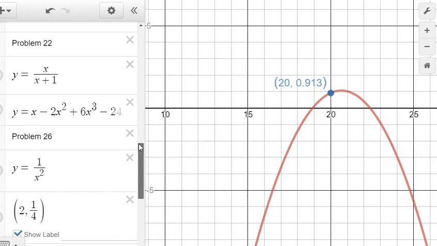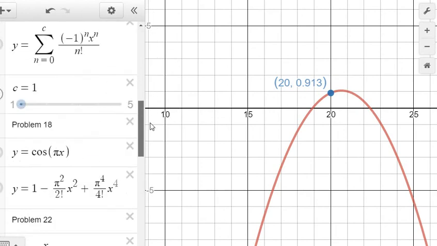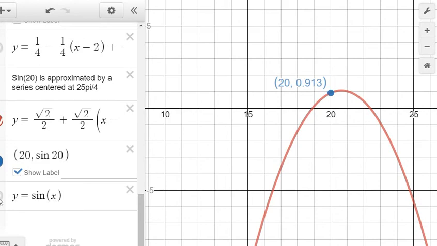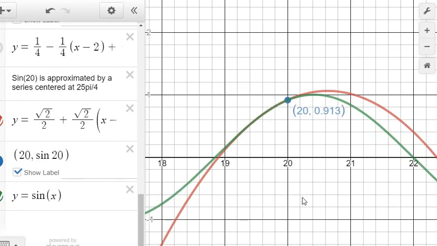In fact, let me see if I got it up here. Let's just put in sine there. So it looks pretty good near where it's supposed to. In fact, my guess is that I probably didn't need 4 terms. I might have been able to stop with 2 or 3 terms.